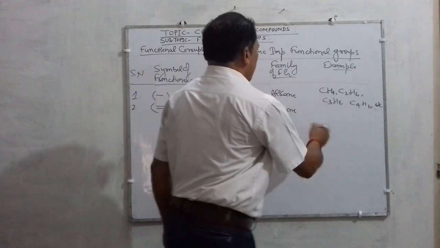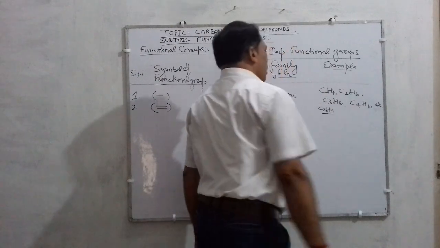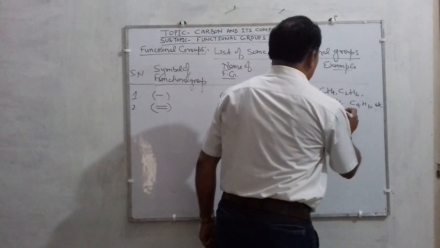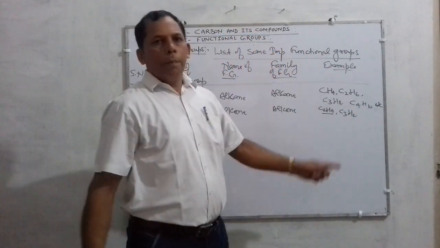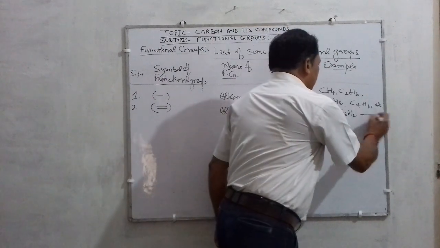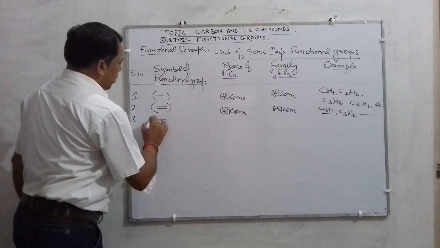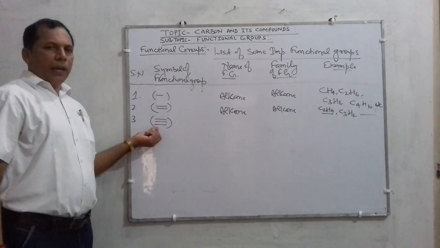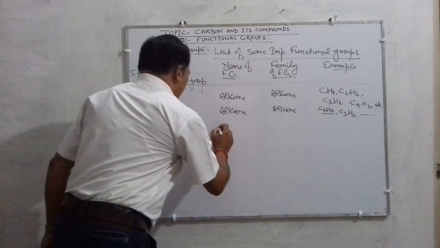Write simple examples: C2H4 called ethene or ethylene, C3H6 called propene, and so on. Next is what? That is an unsaturated compound, and three parallel lines show a triple bond. A triple bond means alkyne.